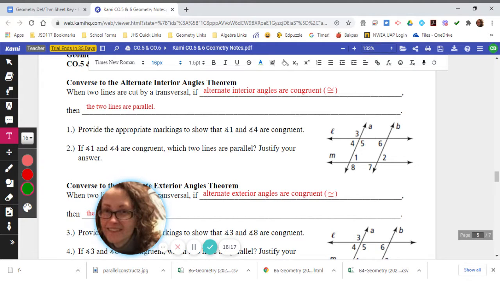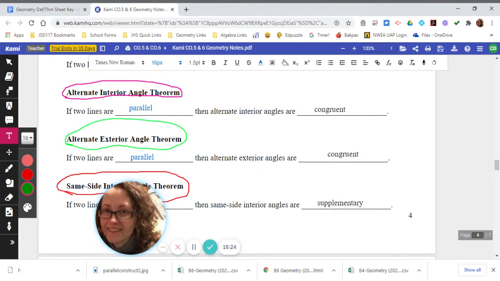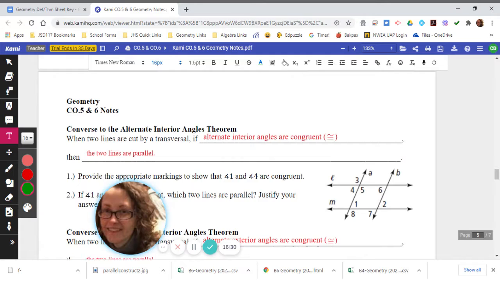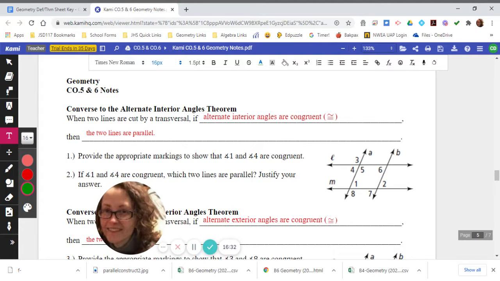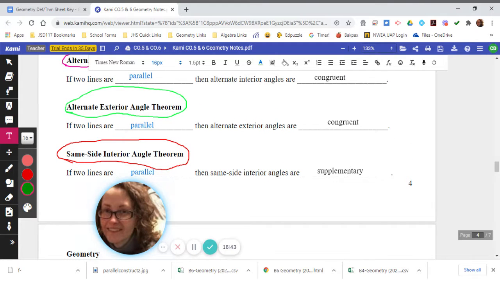So once I know that the lines are parallel, I know that these are going to always hold true. Once I know that the lines are parallel, I know that alternate interior angles have to be congruent, and so on and so forth. The same can be said in the reverse. So the converse is basically the reverse of everything that we just did. These ones started with parallel lines.